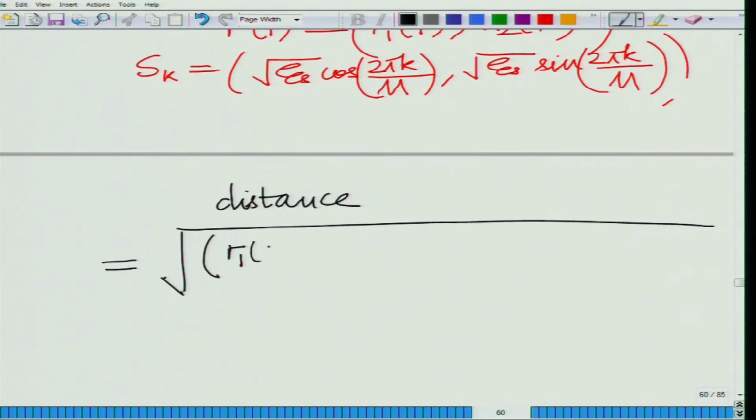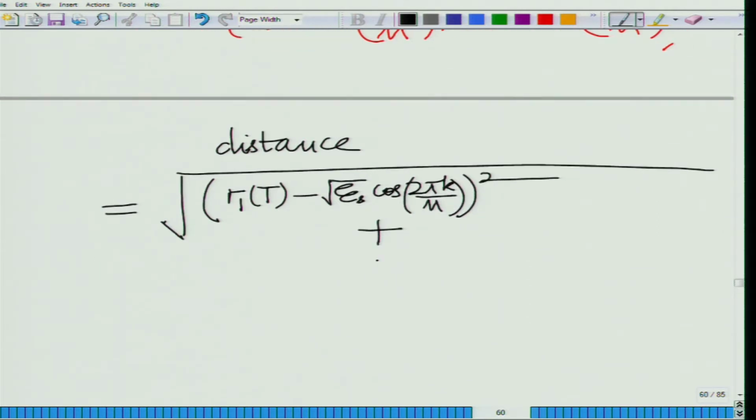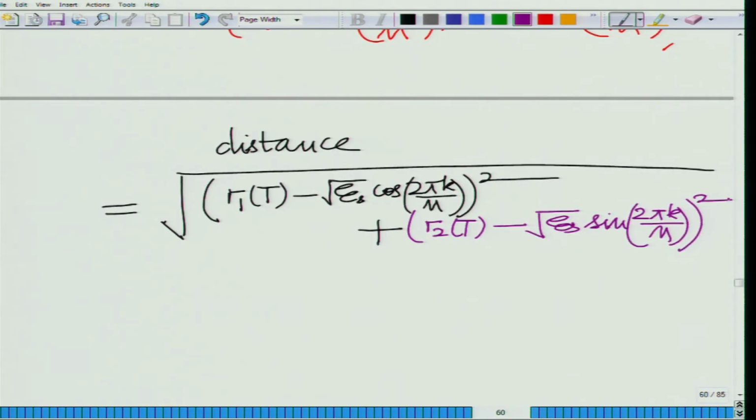So, this will be square root of (r1 minus square root of ES cosine 2 pi k over M) whole square plus (r2 minus square root of ES sine 2 pi k over M) whole square, whole under root.